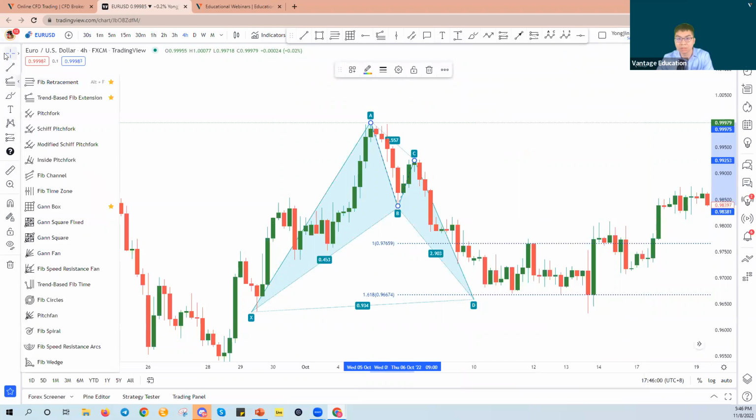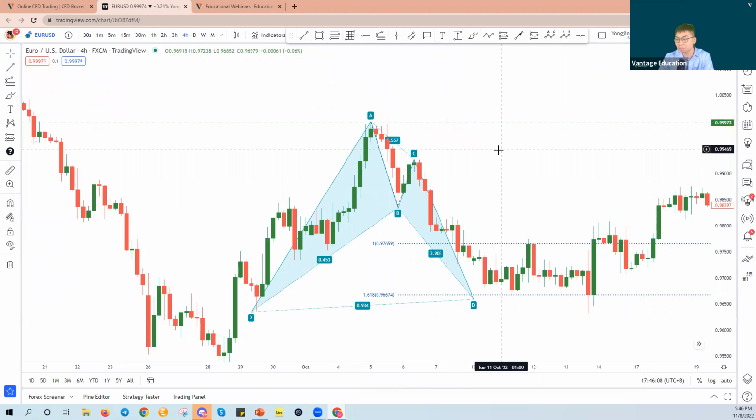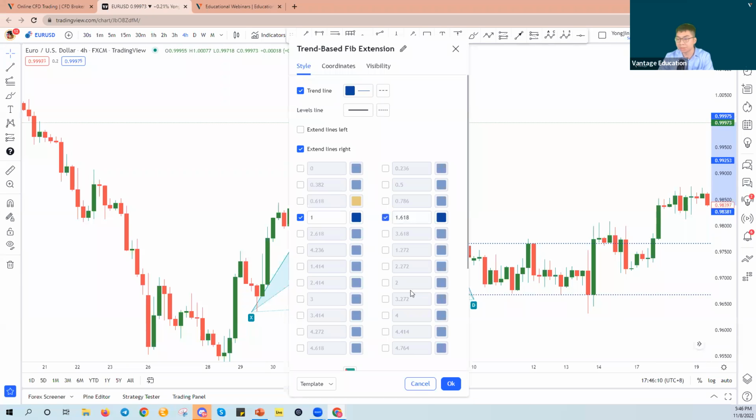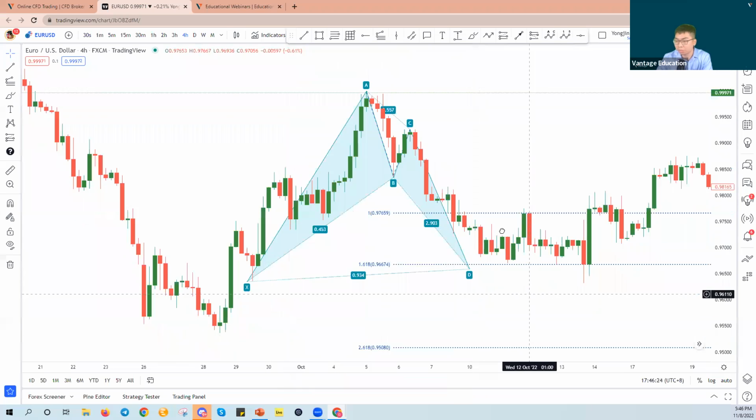It's under right here, 1, 2, 3, under trend-based fib extension. That's the tool I'm using right now. So draw from A, B, C, 161.8% to 261.8%. There are quite a lot of settings to do. Quite a lot of work.